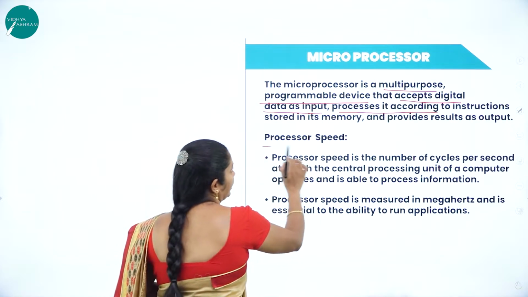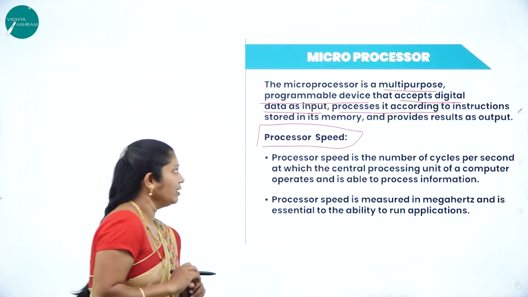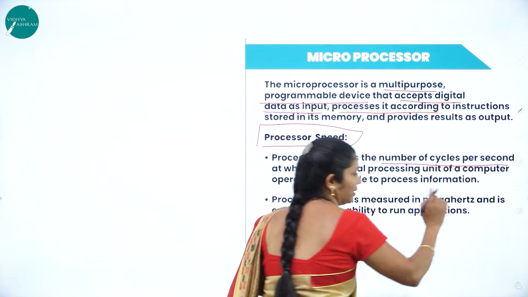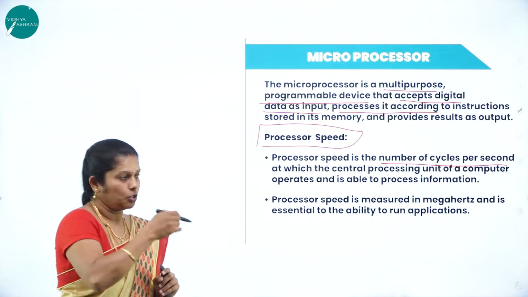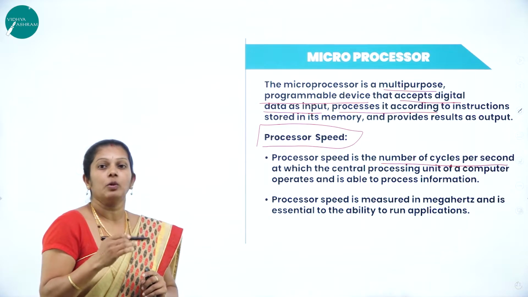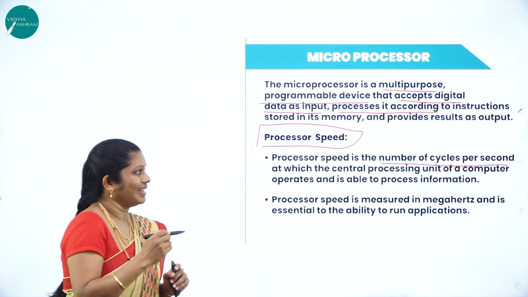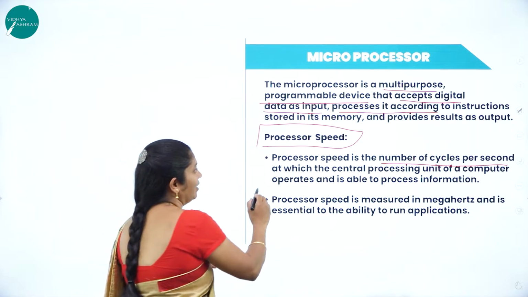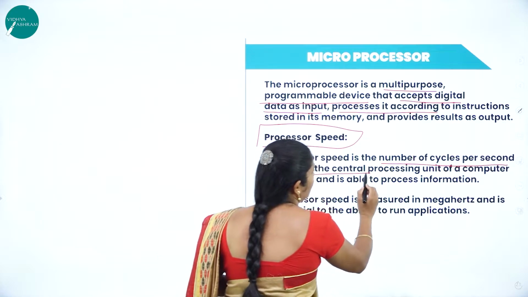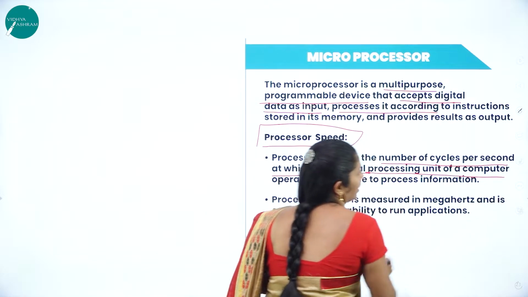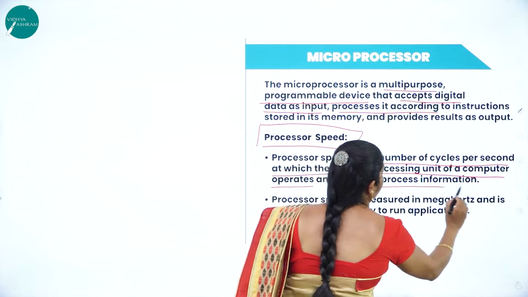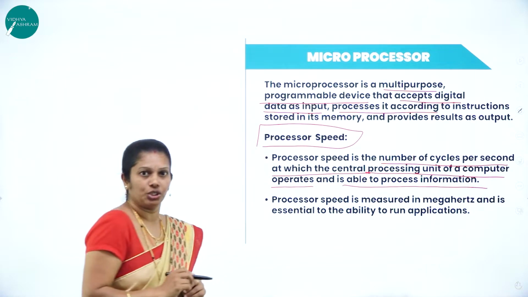Next, identifying processor speed. It is very important because for 1 mark they used to ask this question: what do you mean by processor speed? Processor speed is the number of cycles per second at which the central processing unit of a computer operates and is able to process information.